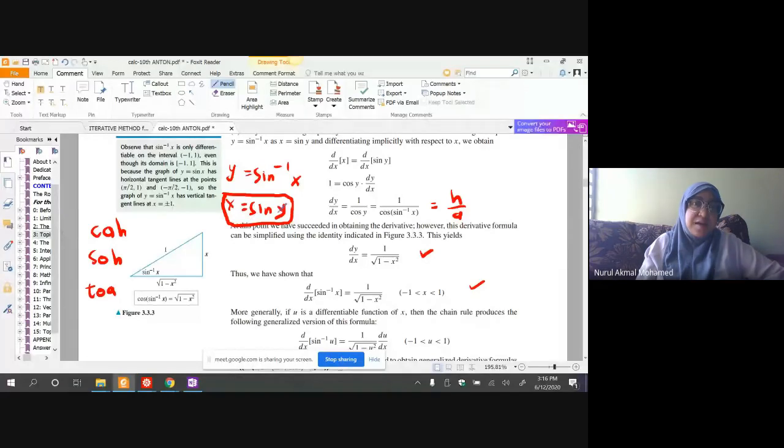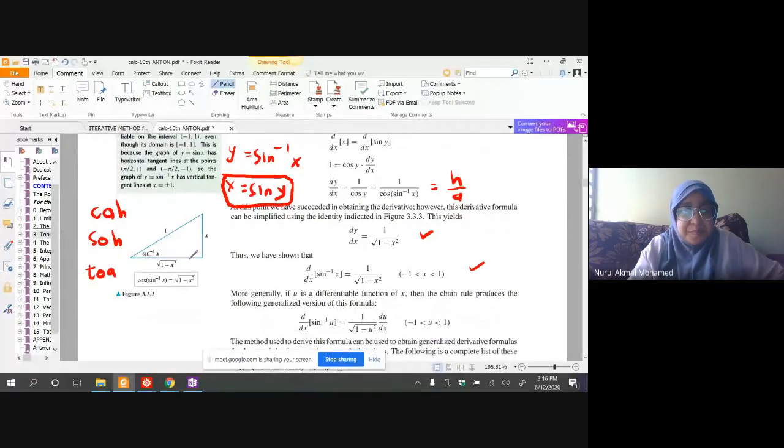So sine of y, if y is the angle, from SOH, sine of y is equal to x.